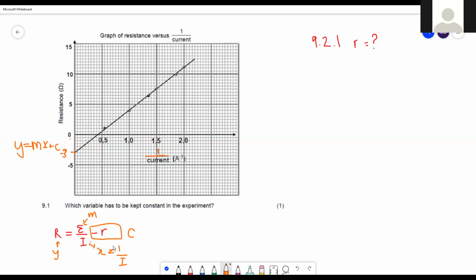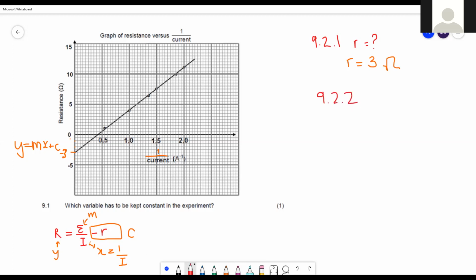Okay, and because you have a negative in front of your value there, r is going to be equal to 3 ohms. Does that make sense to everyone? How we got to that value? And everyone's silent.